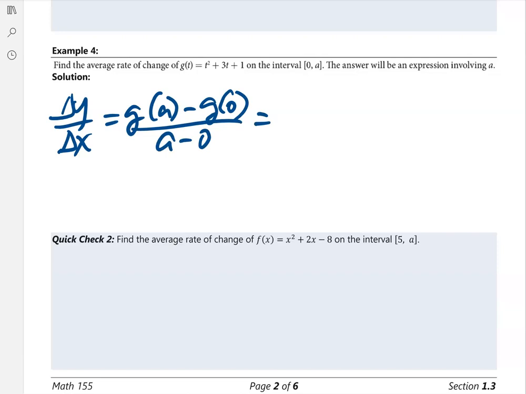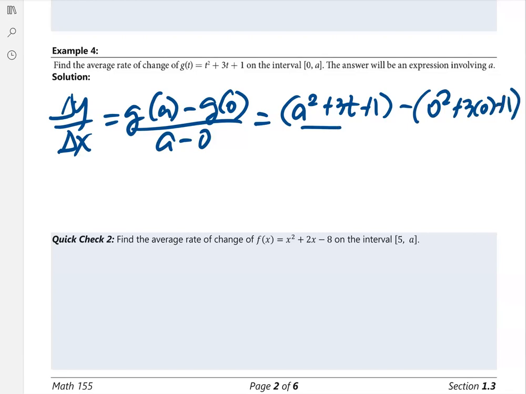So g of a is, plug in a to the t, so a squared plus 3a plus 1, minus plug in 0 to t, that is 0 squared plus 3 times 0 plus 1, all over a minus 0, which is a. And then here 1 minus 1 cancels, and this is zeros, so this is just simply a squared plus 3a over a.